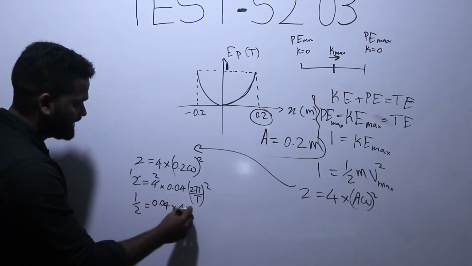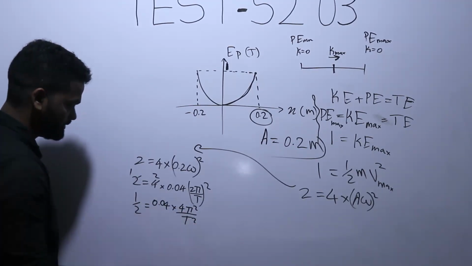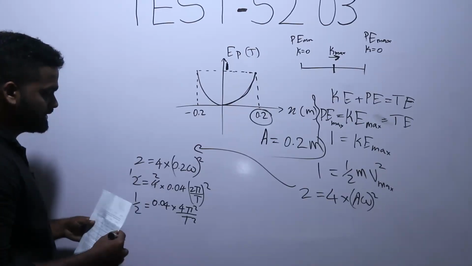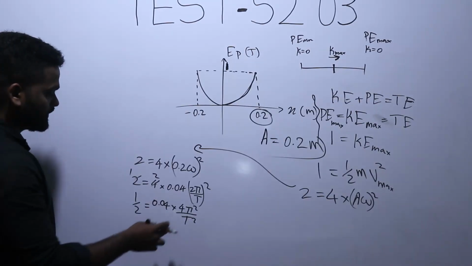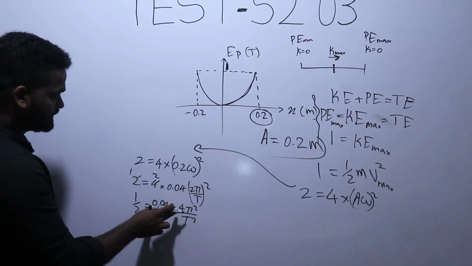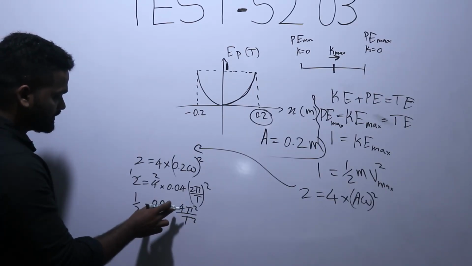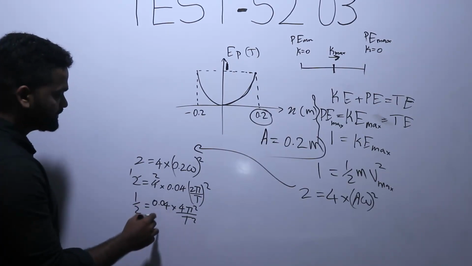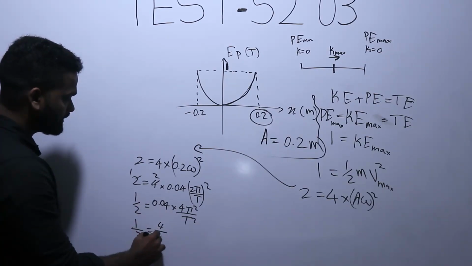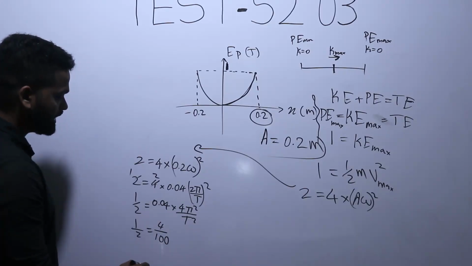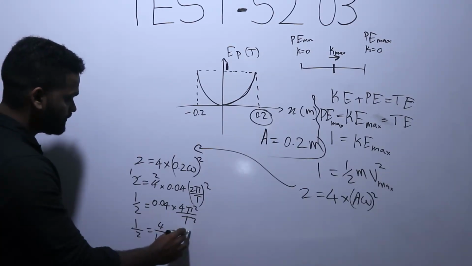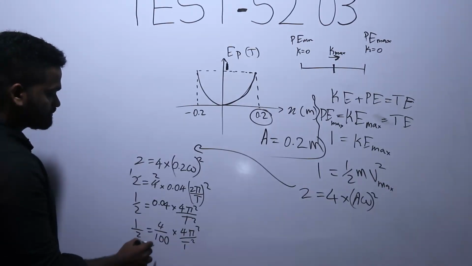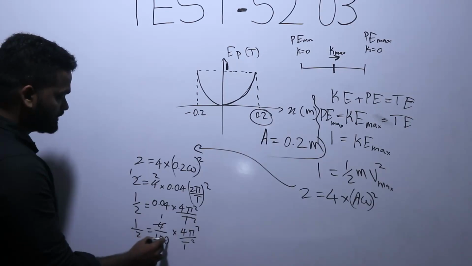This is 4 pi squared divided by T squared. Then 1 over 2 equals 0.04, which means 4 divided by 100, times 4 pi squared divided by T squared.